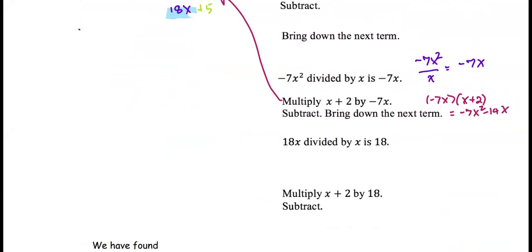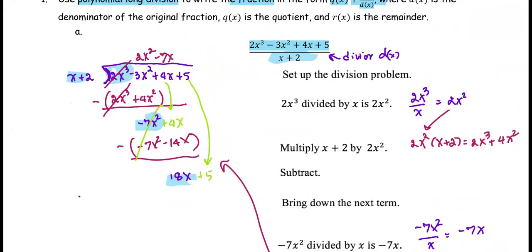So the next step, we just divide 18x by x. The result is 18. When we get the result, recall that we bring it into the long division setup: minus 7x plus 18 here.